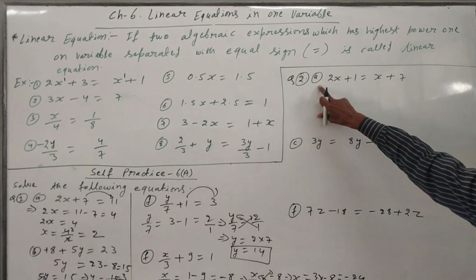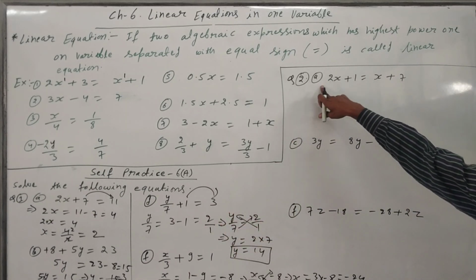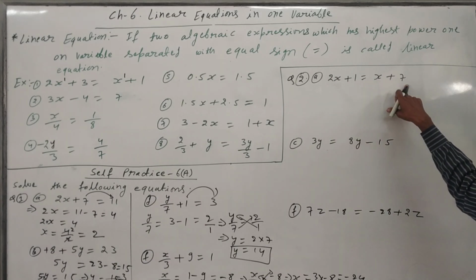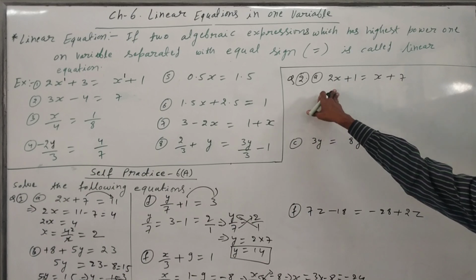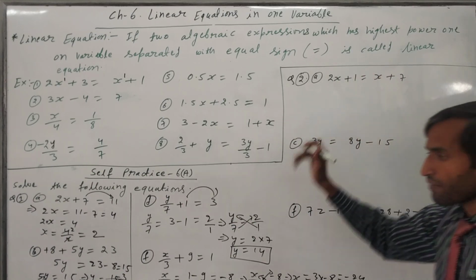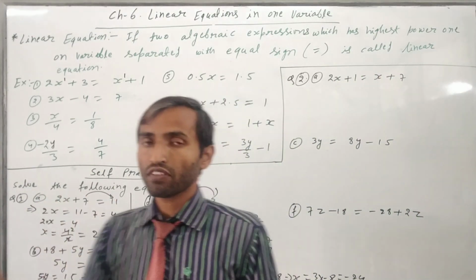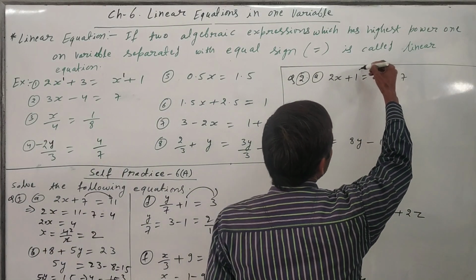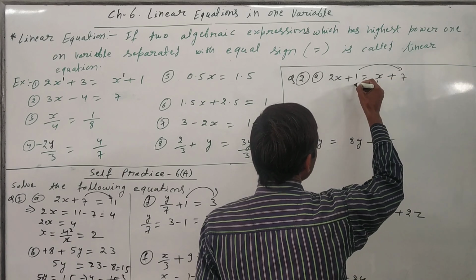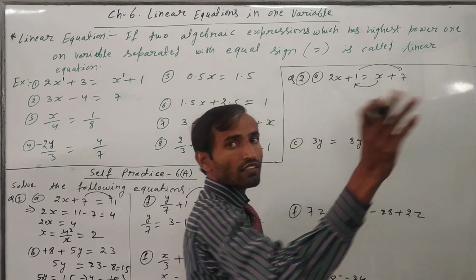Okay. Now question number 2. Here 2x plus 1 is equal to x plus 7 is given. On this side also there is a variable and a constant. On this side also a variable and a constant. So again we have to separate the variable on one side and the constant on the other side. So just transpose this 1 to the RHS part and this x to the LHS part. So we will change the sign again.